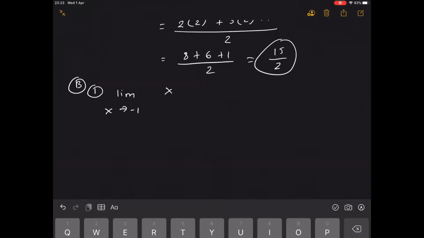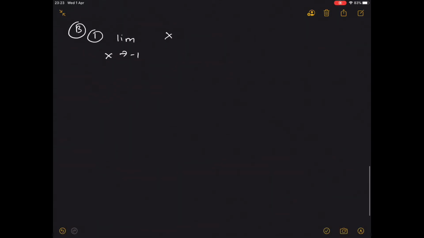Let's try this one. Example B, number 1. If you have the limit when x approaches negative 1 of x squared minus 1 over x plus 1.